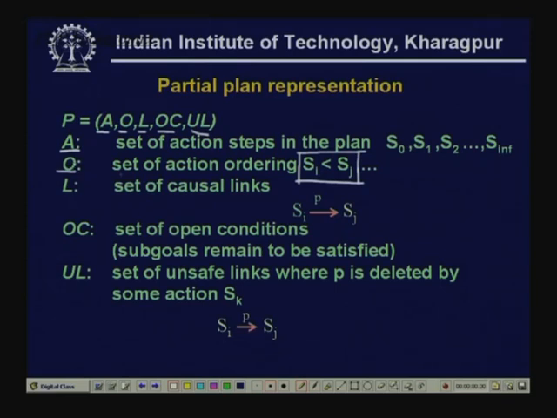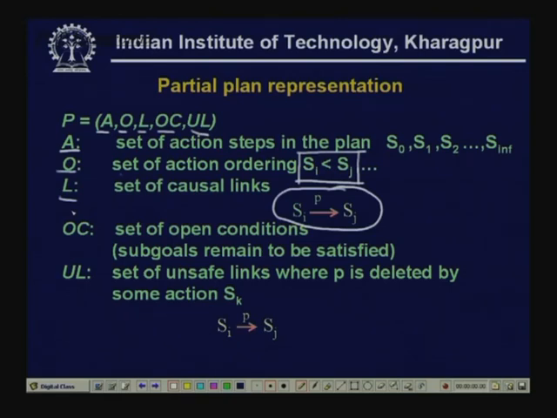So, A is the set of steps, O is the set of action orderings and L is the set of causal links. And as we saw, a causal link Si to Sj on condition P means Si achieves condition P for Sj. So, Si has P as an effect and P is a precondition that is required by Sj. So, A, O and L specify the partial plan.